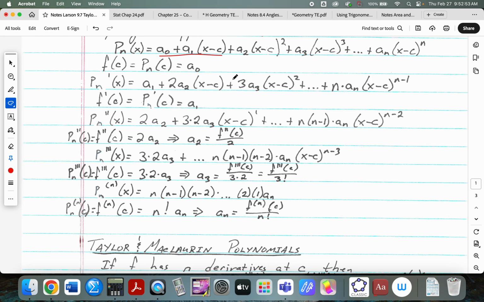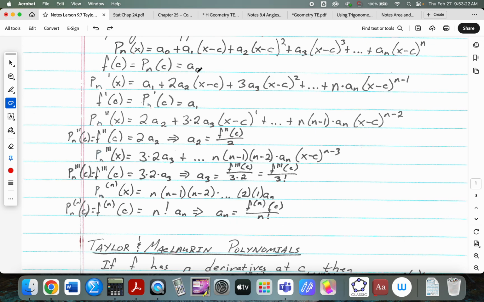Right, this is point slope form. This is part of why I have always thought point slope form is way more important, because it starts off with the tangent line approximation. And then you're going to add on a quadratic term and a cubic term, and you're going to keep going through whatever term number you want.